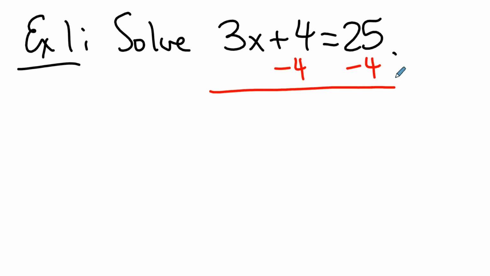Why does that work? That works because of the addition property of equality. We know that if we add -4 to both sides of the equation, the equal things are still equal. But we get a nicer expression because the plus 4 and the minus 4 undo each other.